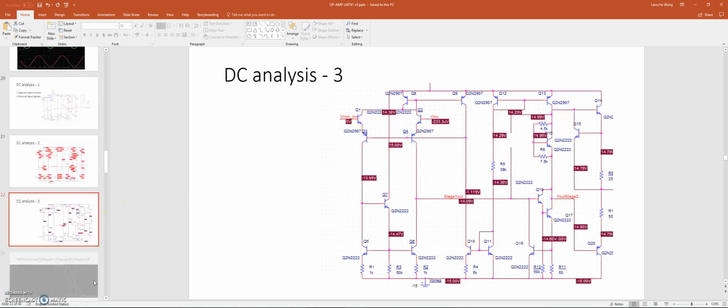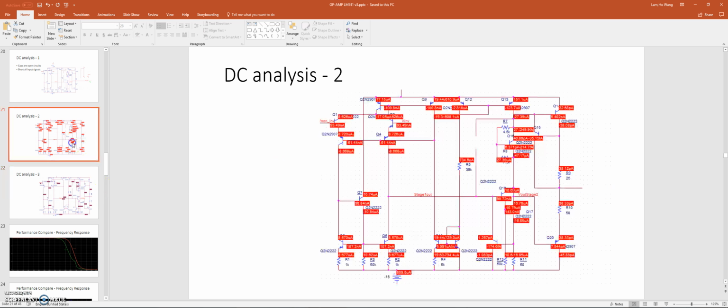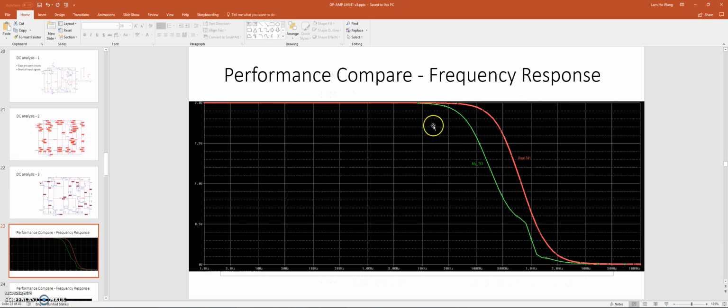Here are all the current values, and here are all the biasing voltages. So yeah, I'm not going to go into detail. I'll continue explaining in the next video, since the software I'm using has a limitation on time. So let's continue in the next part.